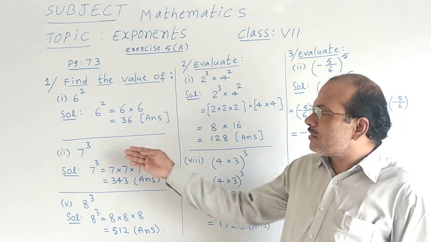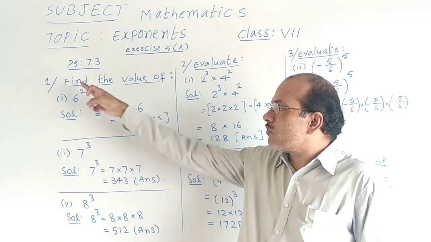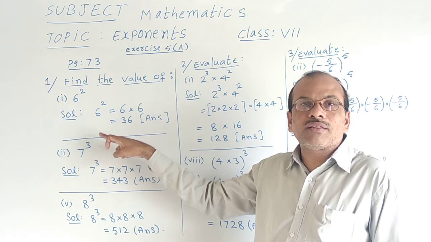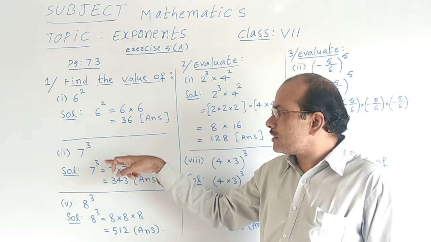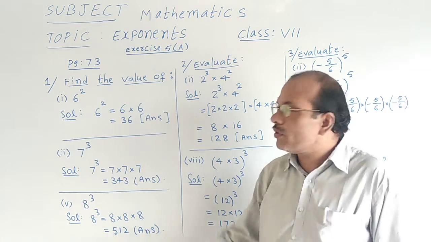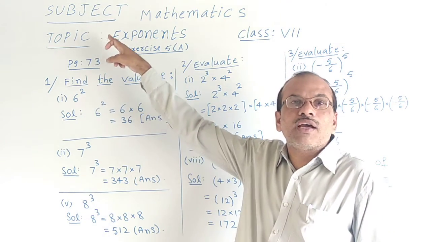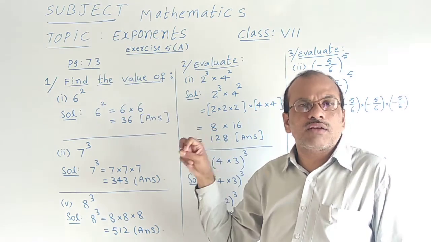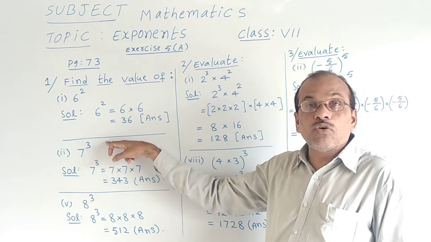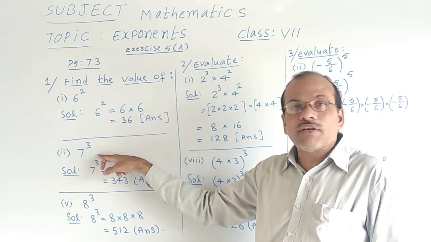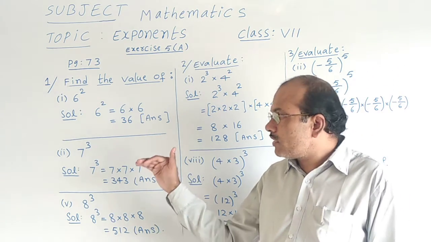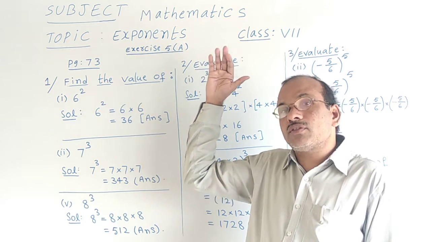The same way, the second bit is there. First question only, second bit, 7 to the power 3, which can also be called 7 cube, C-U-B-E, 7 cube. Here 6 square, otherwise 6 to the power 2. Here 7 cube, or 7 to the power 3. 7 is raised to the power 3.